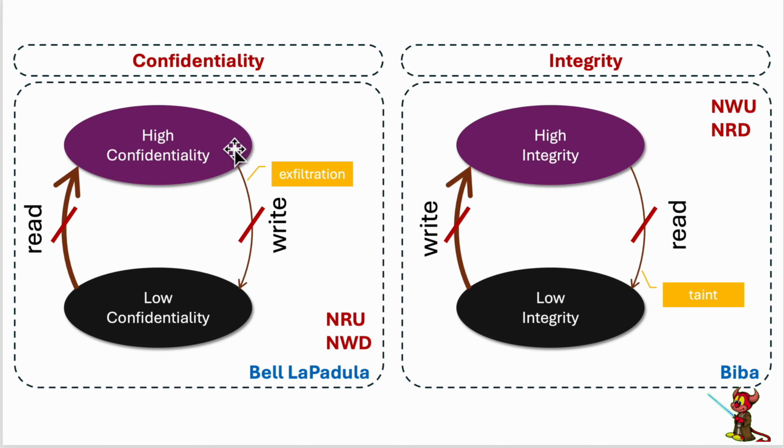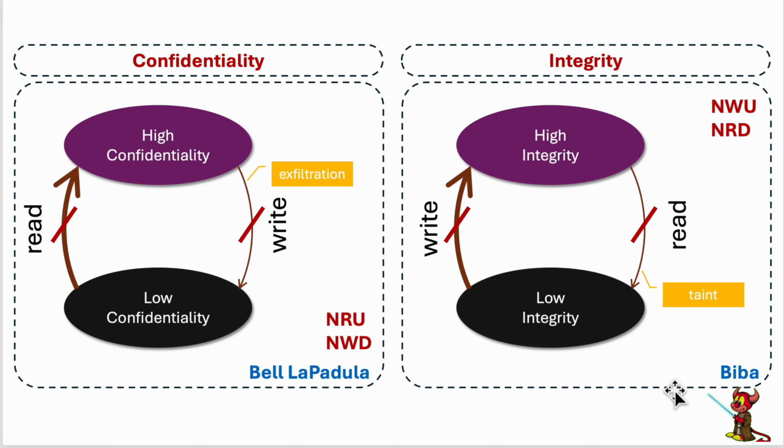But interesting enough, this model also says that if you are running a process in high confidentiality, you should not be able to write to a process or to a file with low confidentiality, because that would mean that you are going to exfiltrate documents with high clearance. So this rule is also called the Bell-LaPadula model, or the NRU/NWD. So you're not allowed to read up and you're not allowed to write down.